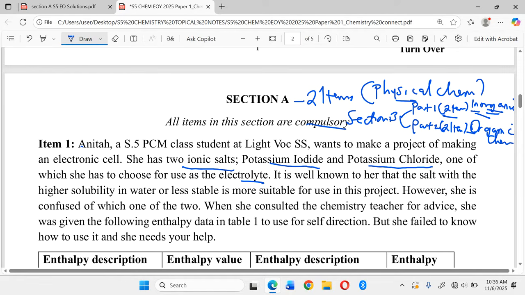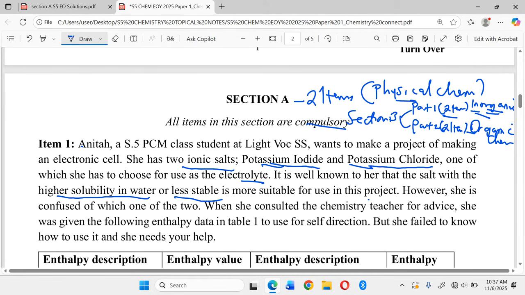It is well known to her that the salt with the higher solubility in water or less stable is more suitable for use in this project. However, she is confused about which one of the 2. So she has 2 salts, potassium iodide and potassium chloride.